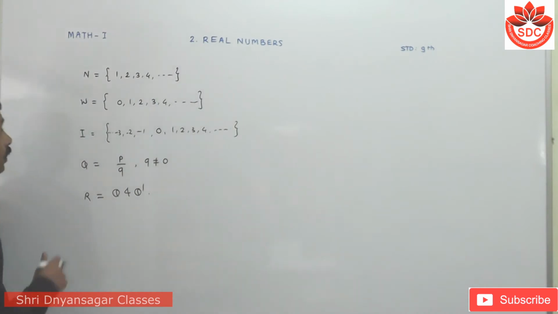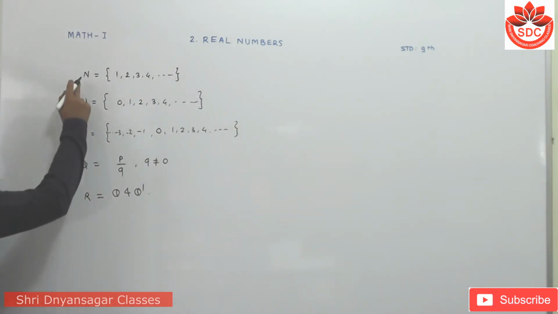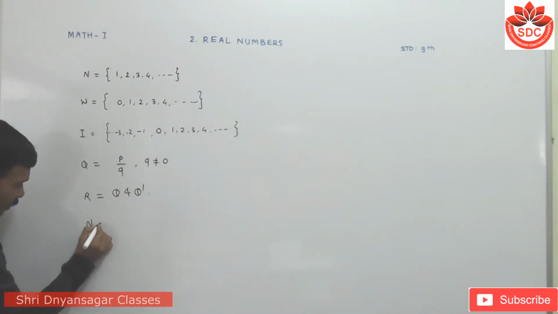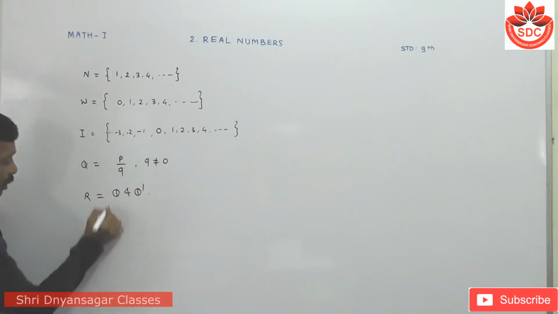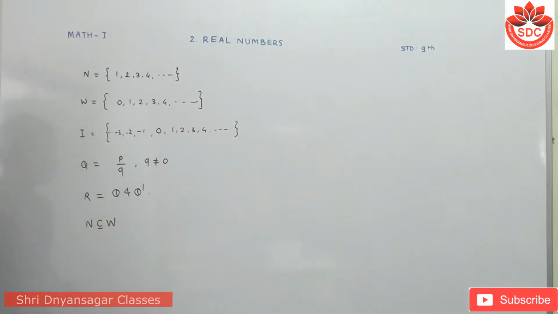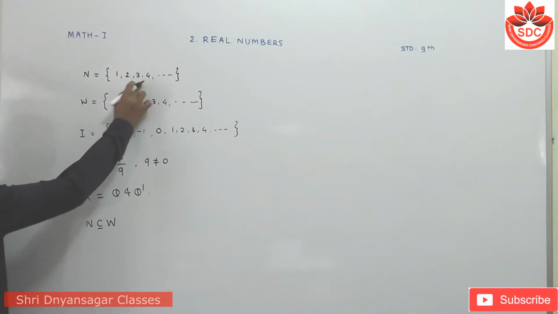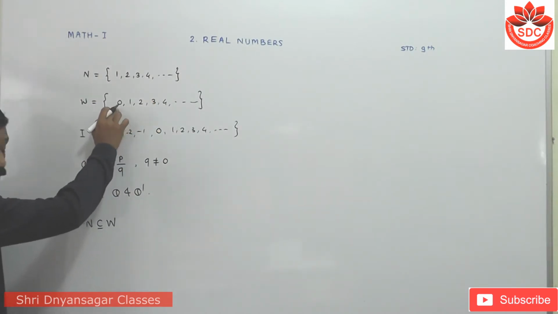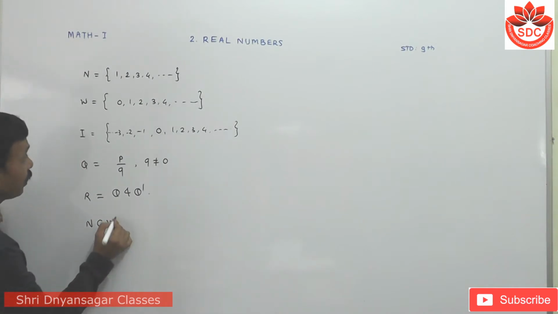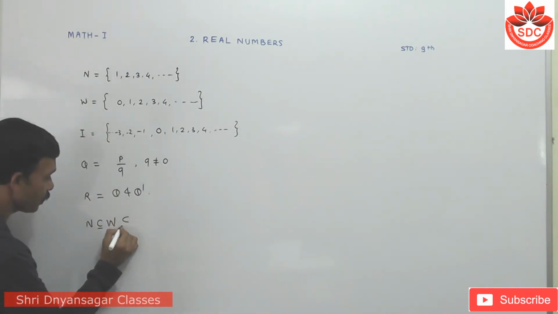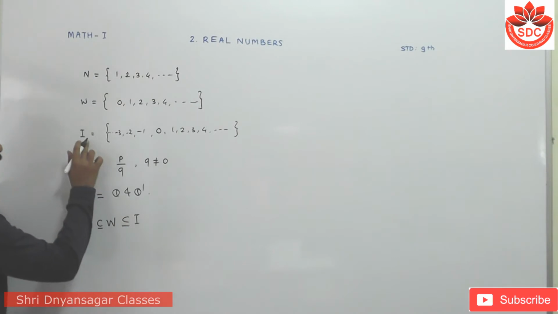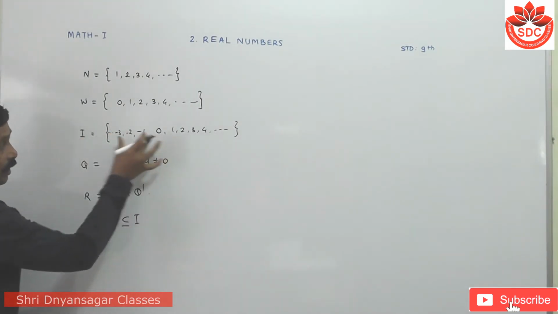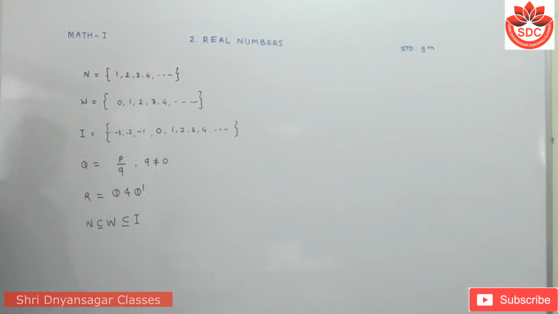Now in this also, when we observe carefully, set N is a subset of set W, because all elements of N are also present in W and one more element here. Then W is also a subset of I, the integers, because all numbers are present here and there are also more numbers.